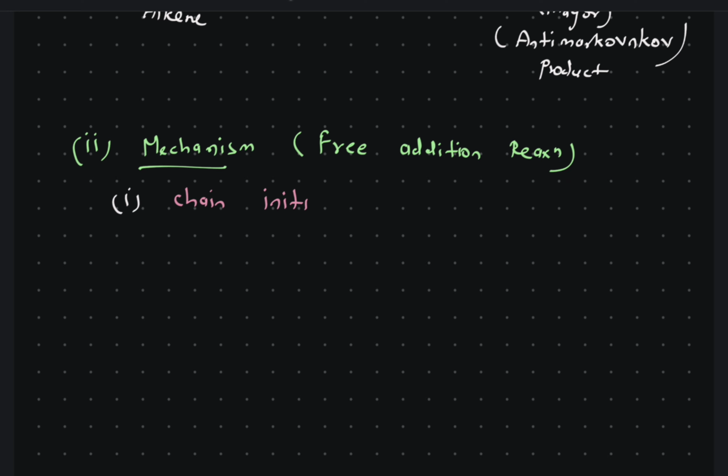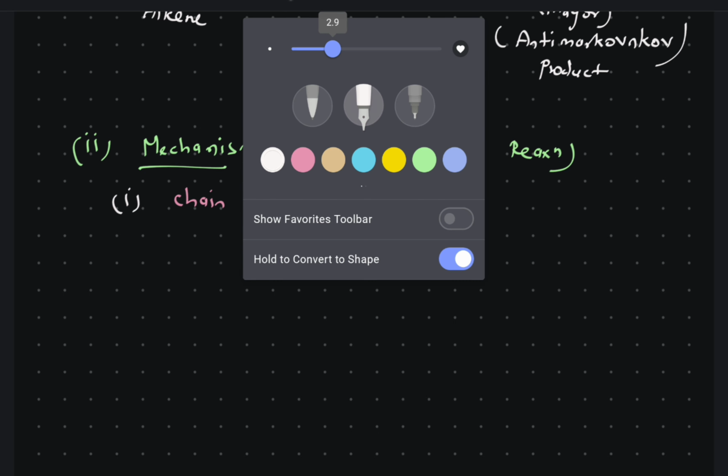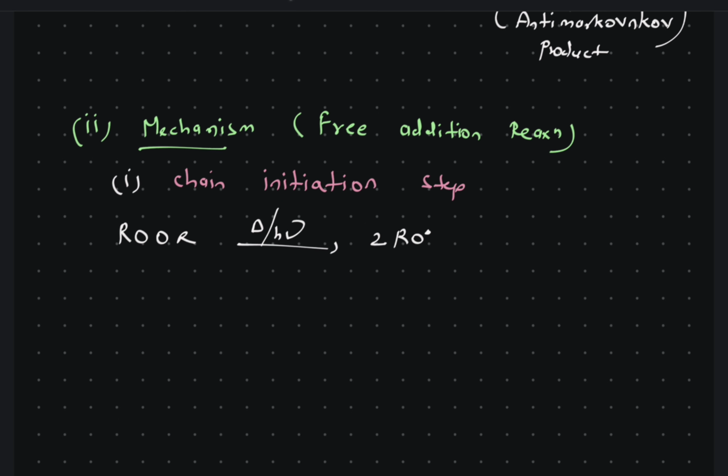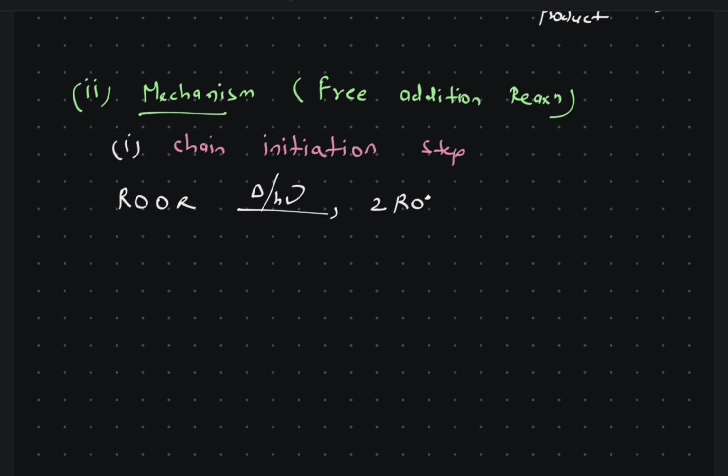Here, the peroxide breaks itself in the presence of sunlight or heat and forms RO free radicals, which are 2 in number, 2 moles. Now the RO free radical reacts with HBr and forms a bromine free radical and alcohol.